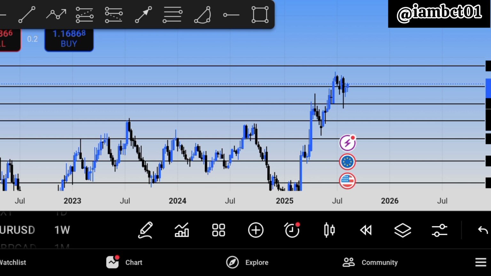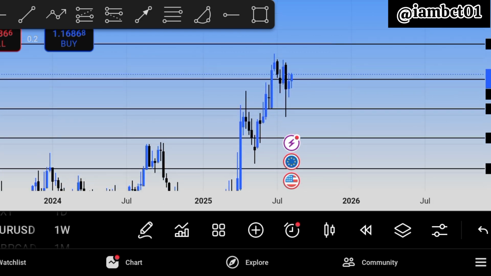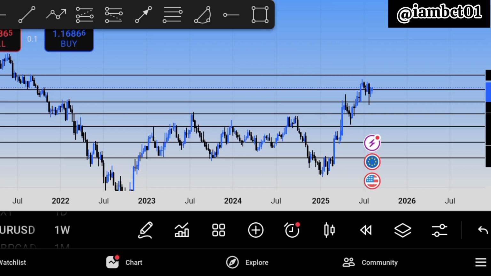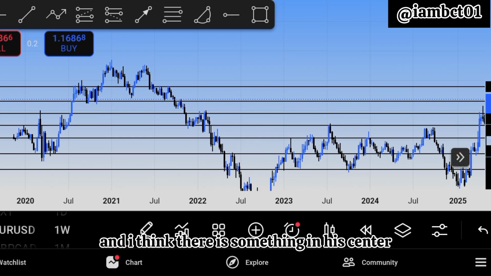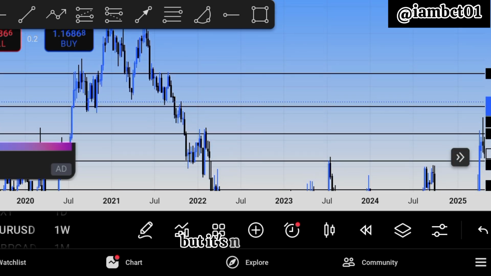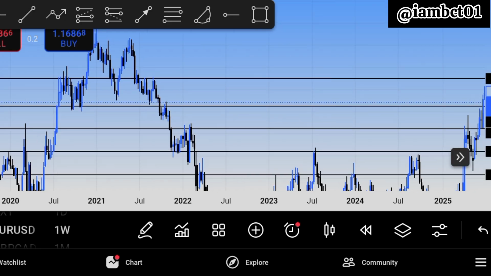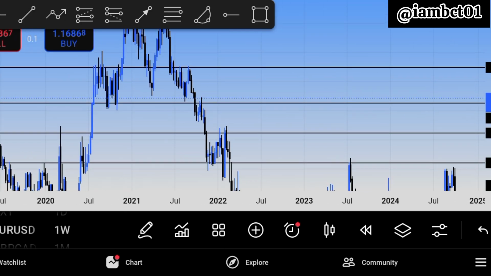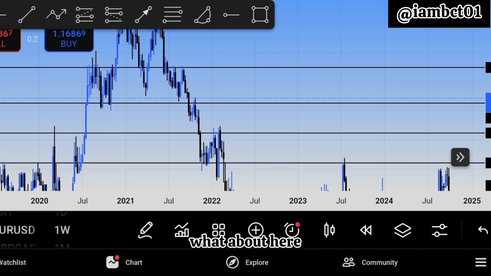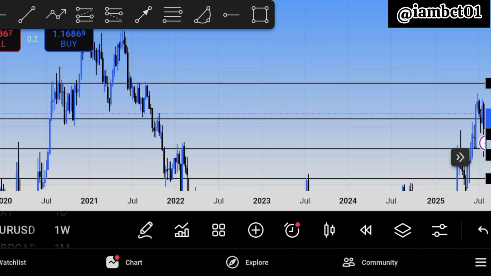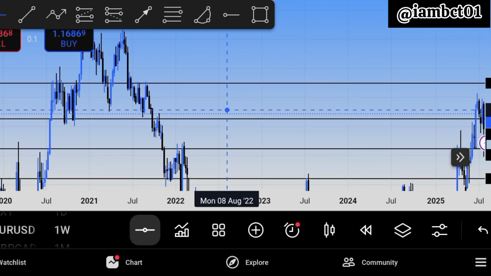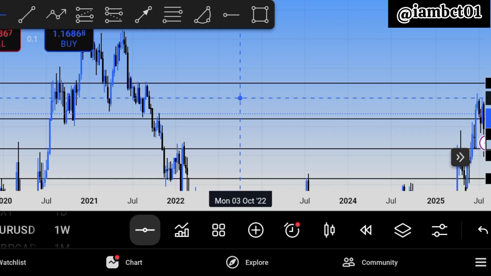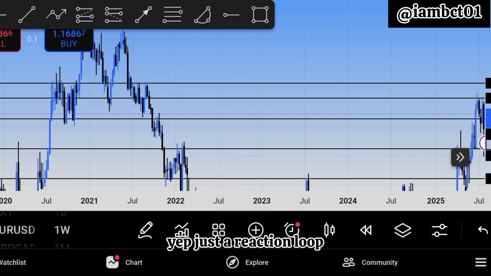So this is the weekly time frame, and I think there is something in this center, but it's not actually necessary. So what about here? Then here I'm seeing something. Yeah, just a reaction zone.